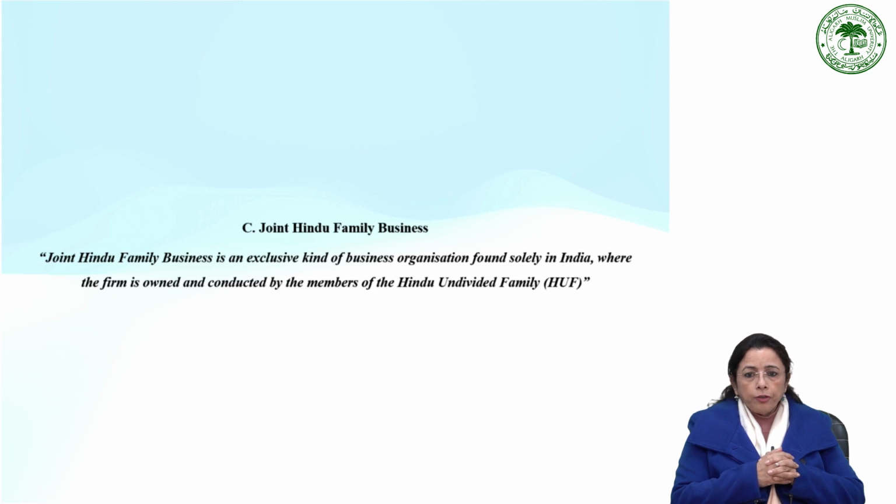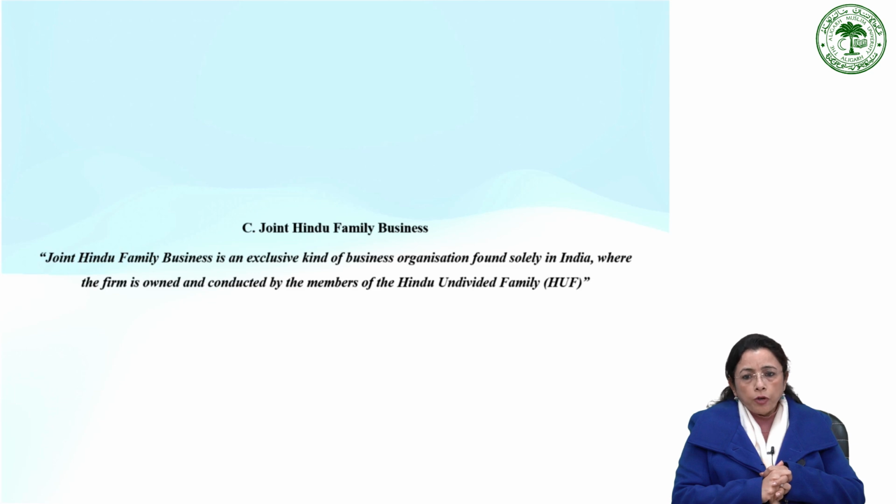Each member of the firm possesses equal entitlement and ownership of their forebears' assets, and these individuals are referred to as co-partners. There are two schools of thought that run this business, Dayabhaga and Mitakshara, divided as per the regions in India. The prerequisites for the establishment of a joint Hindu family business are twofold.